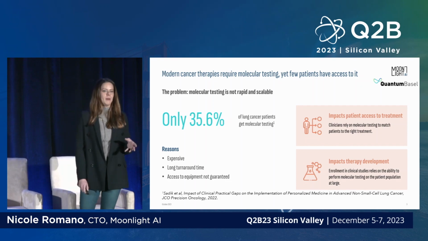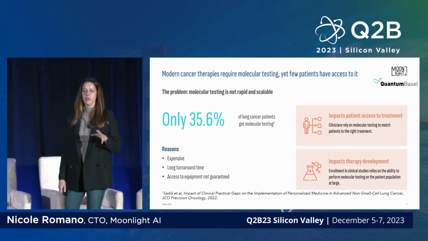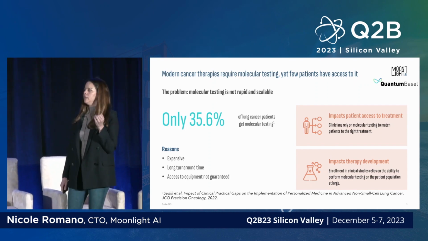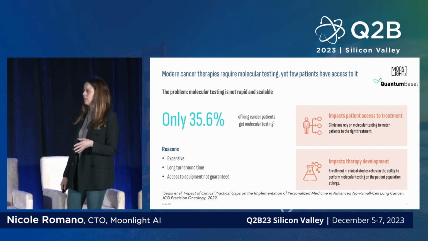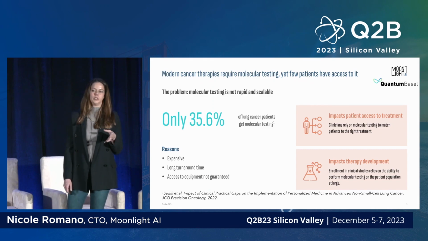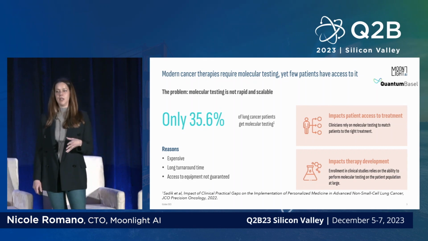And as you can imagine, if you get away from some of the larger hospital systems, or if you leave the US or Europe, sometimes the access to this molecular testing can drop precipitously. So at Moonlight, we realized that there's room for a complement for traditional molecular testing, something that's a lot more scalable, rapid, and inexpensive.